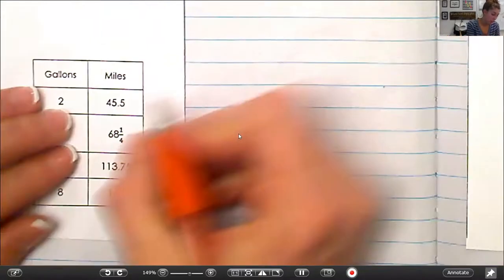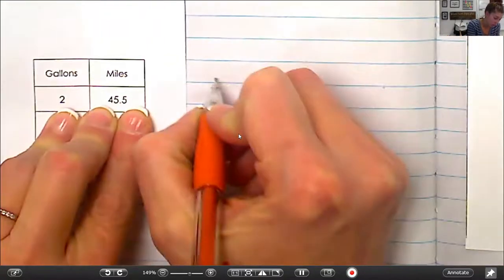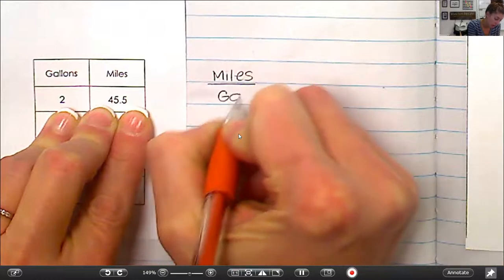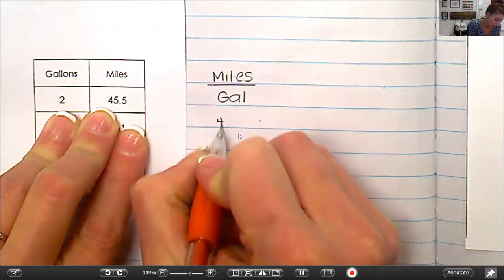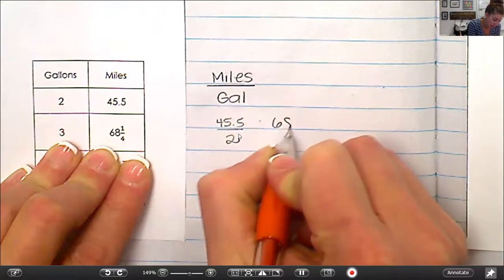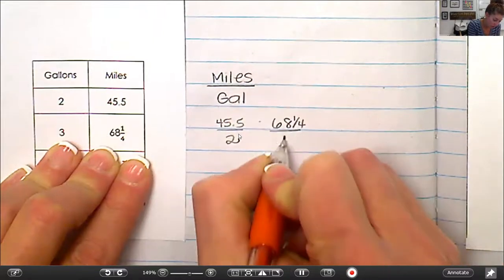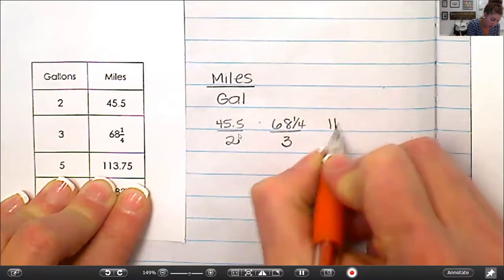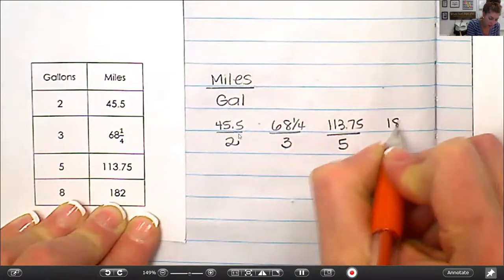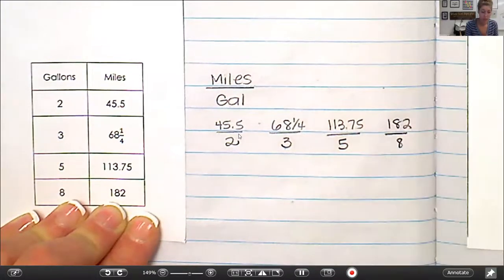All right, so for this one, I'm going to go ahead and do miles over gallon, miles per gallon. 45.5 over 2, 68 1/4 over 3, 113 7/500 over 5, 182 over 8.